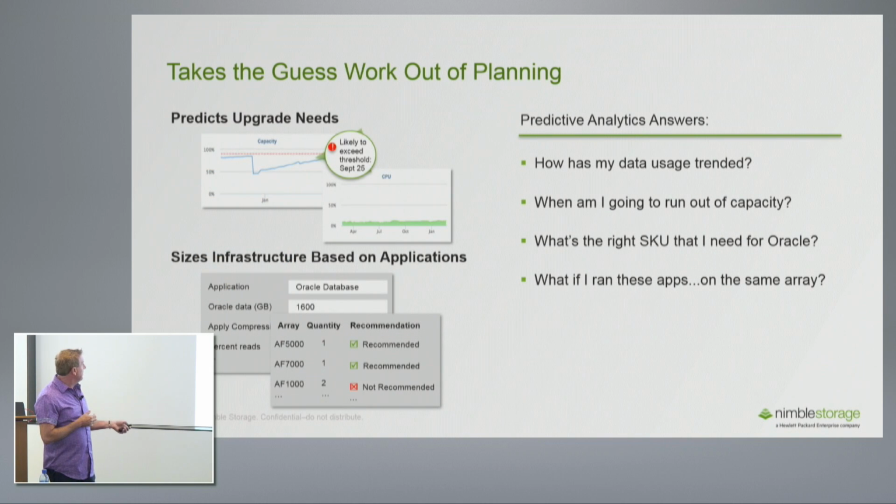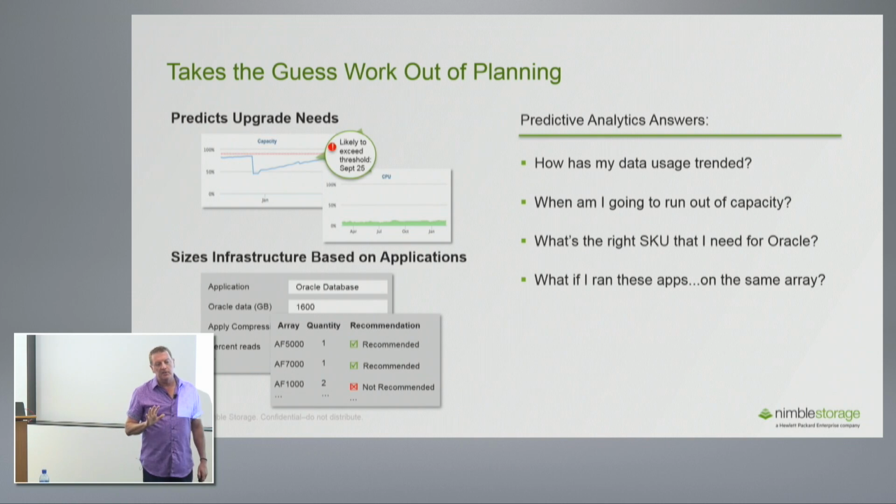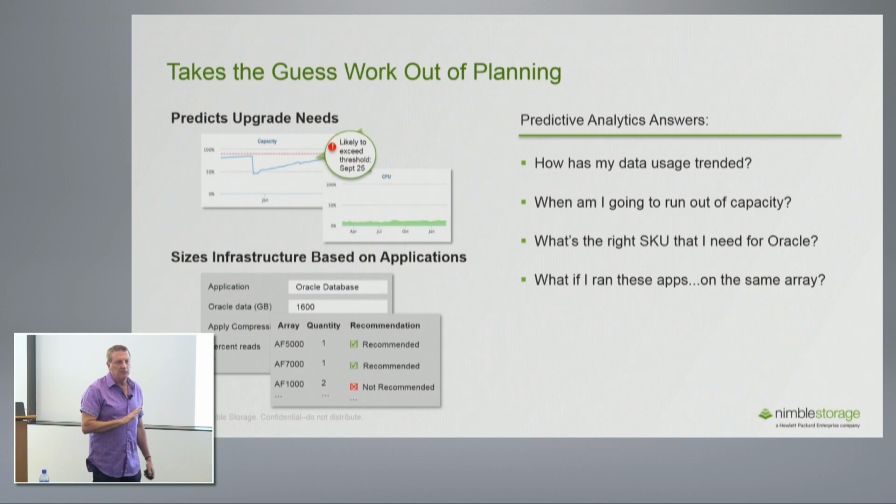But again, the other interesting thing here is where we're doing some sizing. On a pre-sales engagement, we can actually do sizing for what's the right array for you to buy, again, based on the install base that we've seen. So as an example, let's say you wanted to buy a hybrid array, because there's an interesting case there. You've got 5 SQL databases and an Oracle database and a bunch of VDI.